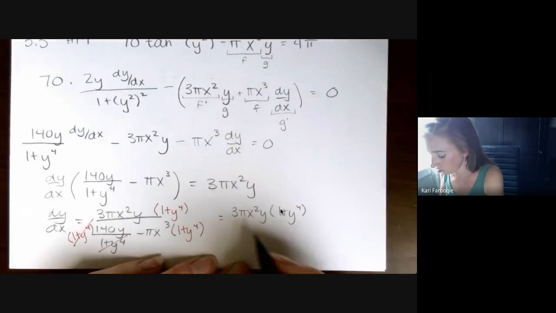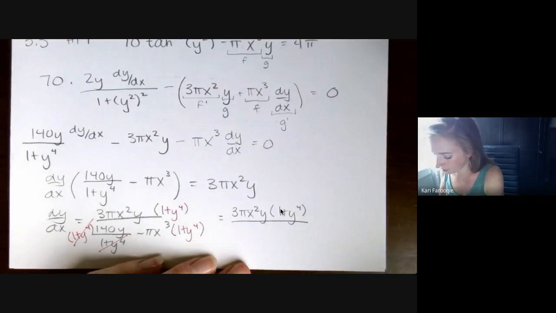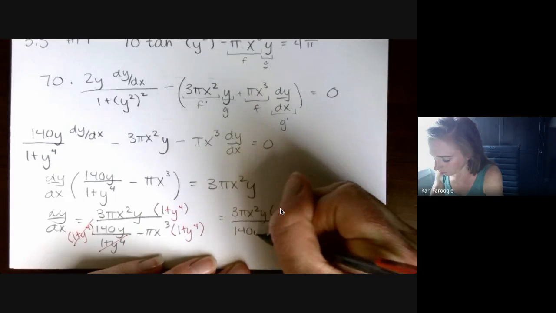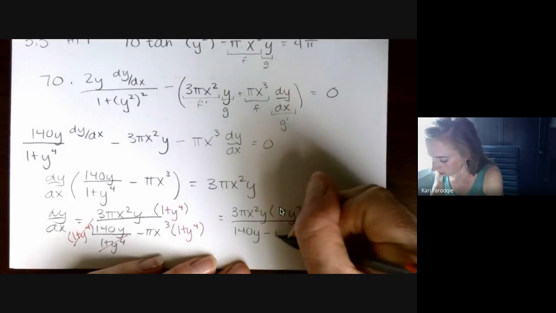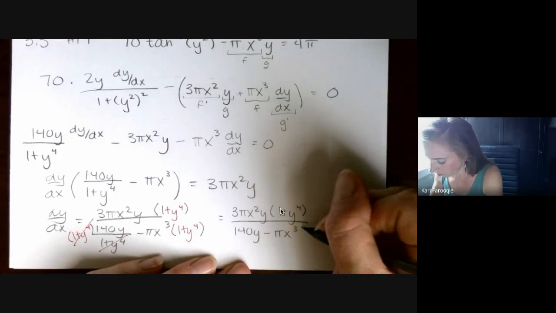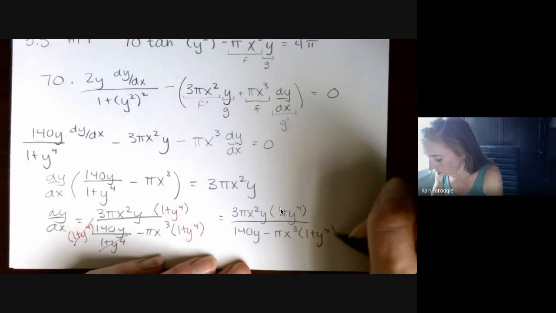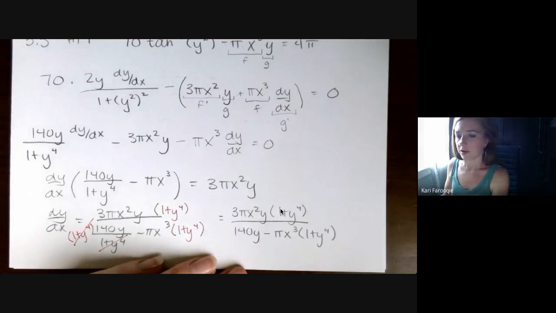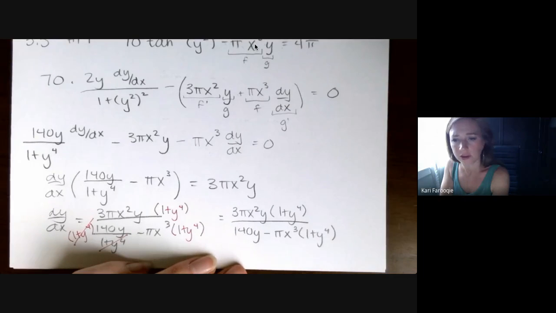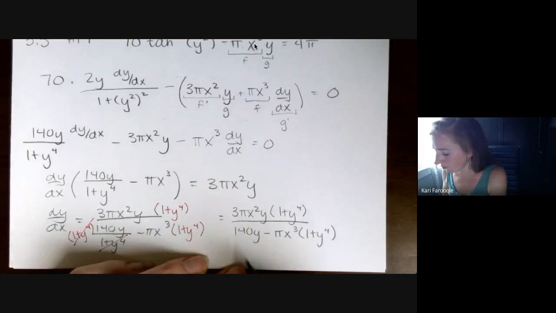There's no reason to distribute that. All right, 140y minus pi x cubed times 1 plus y to the 4th. I mean, you could go on for a long time working on just finding random ways to rewrite that one. But I don't know. This looks fine to me.